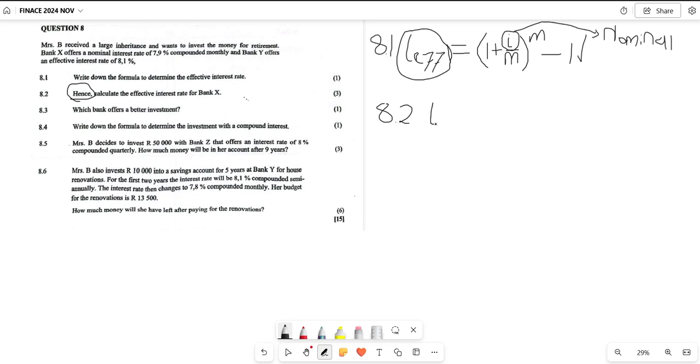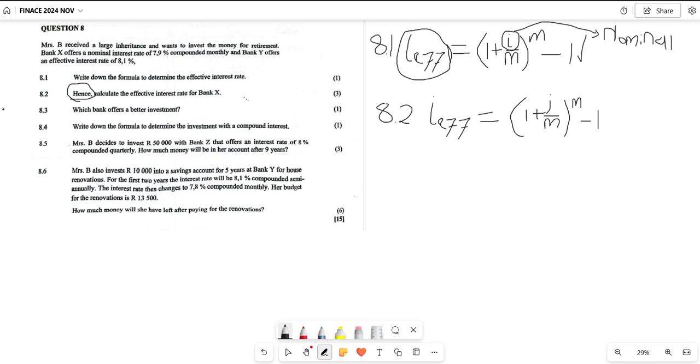I effective is equal to, in bracket, 1 plus I divided by m, close bracket, all to the power of m, minus 1.